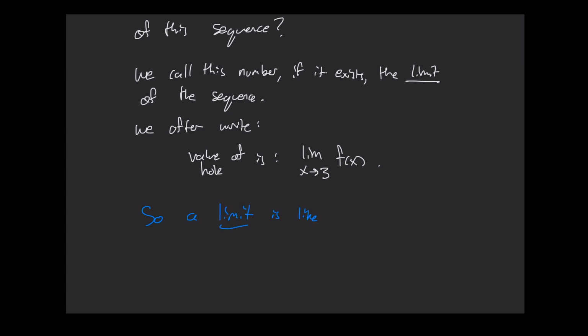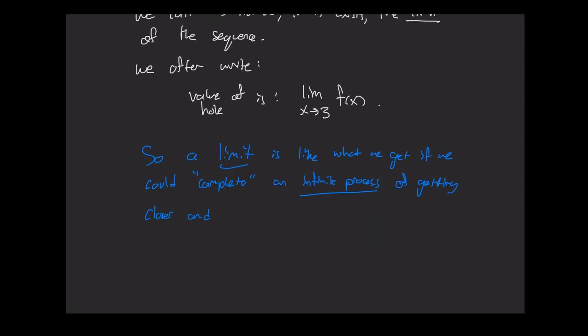So a limit is like what we get if we completed an infinite process, in our problem, of getting x closer and closer to 3 without ever actually reaching 3. So what value would f of x reach if we could complete that?